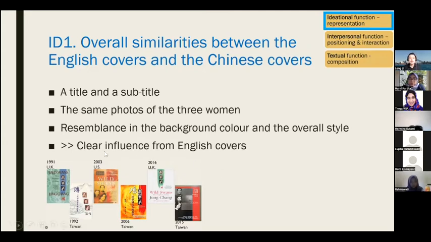So we can conclude that there is clear influence from English covers on Chinese language covers. And this may be because of the writer's personal involvement in the Chinese translation. Perhaps that's why the Chinese covers show more influence from the English covers.